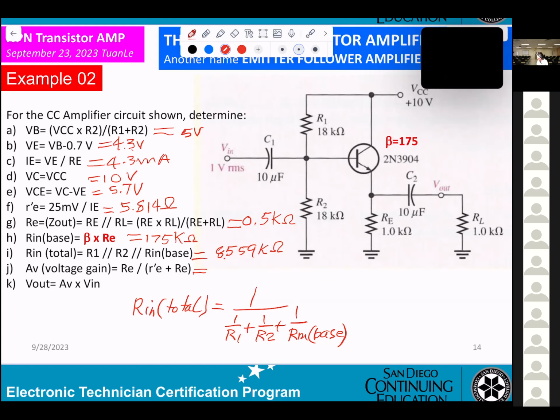For AV, I don't know if anybody else got this. I got 0.9885. Did anybody get that? That'll be the voltage gain. Oh, I got 0.1467, the same answer as yours, Lisa.